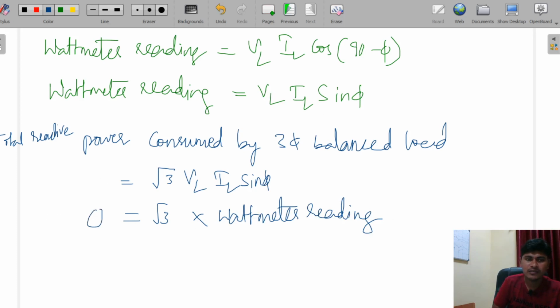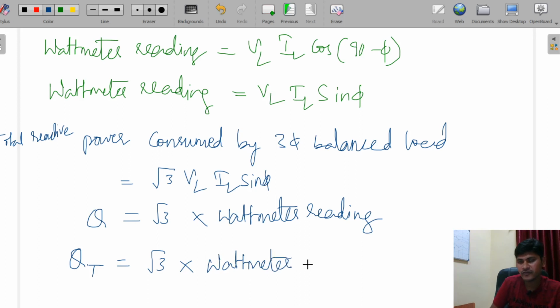Then the total reactive power, QT, consumed by the three-phase load is equal to root 3 times the wattmeter reading.